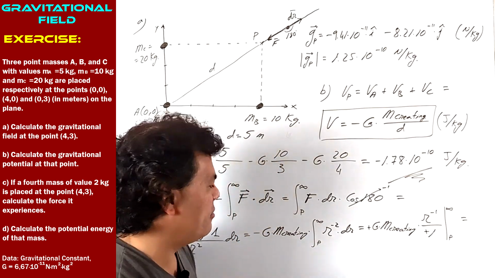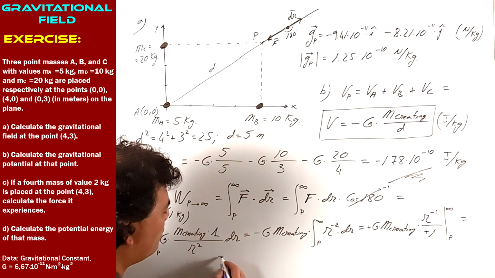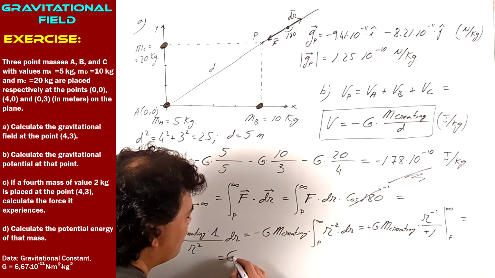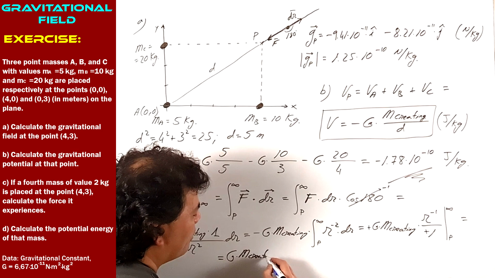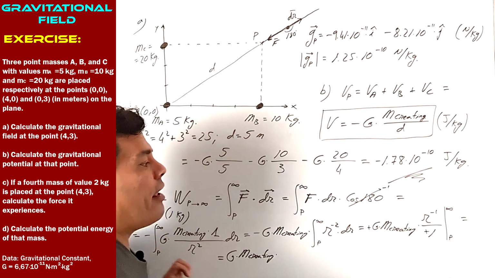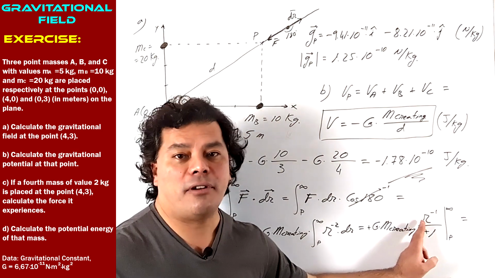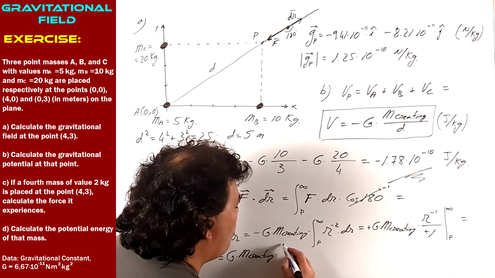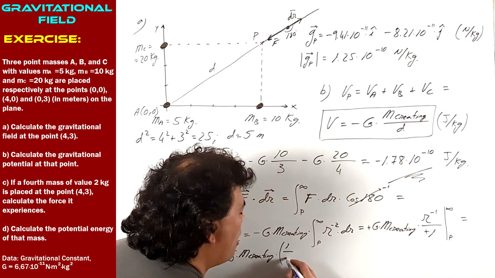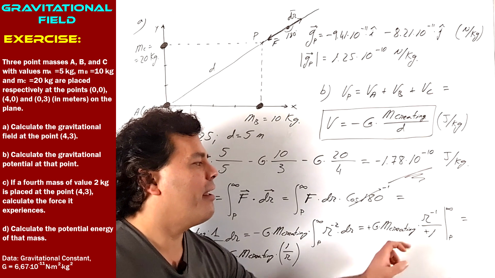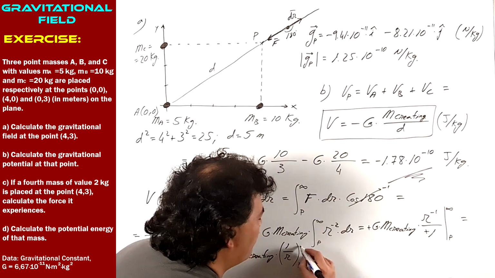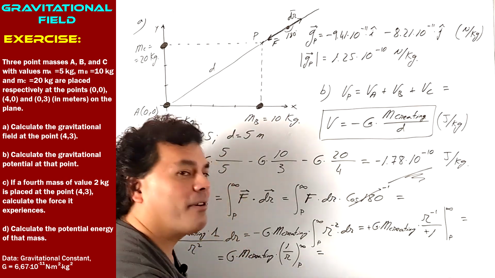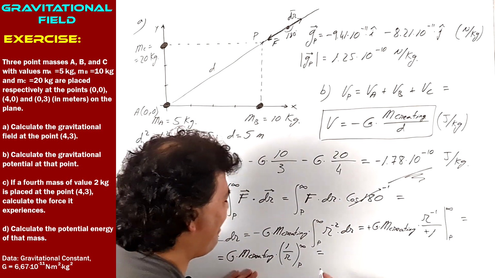And now, G multiplying the creating mass. And as you probably know, r to the -1 equals 1 divided by r, between P and the infinite. And there comes the final result.